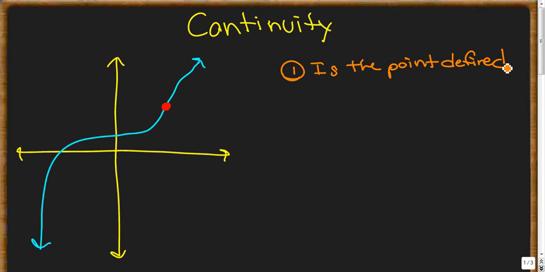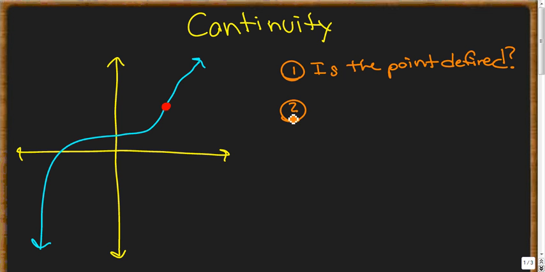Basically, is it even there? Now, obviously it's filled in, so we're good. It is there. Two, we're bringing in this idea of one-sided limits.